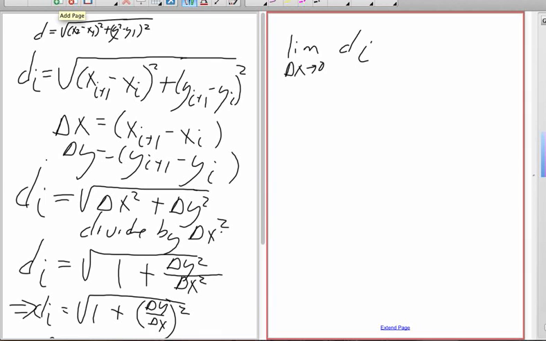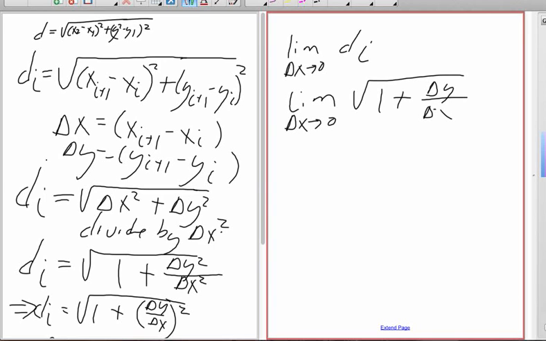And if you remember, so then that's going to be the limit as delta x goes to 0 of the square root of 1 plus delta y over delta x squared.